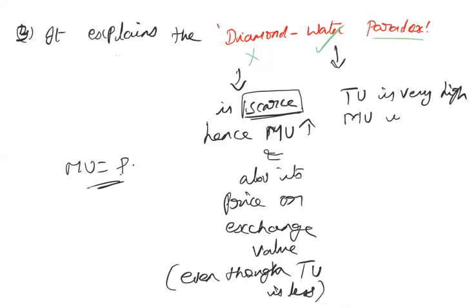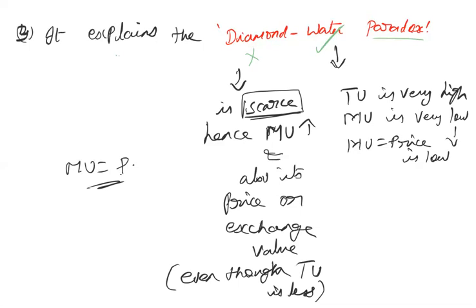So the marginal utility is very low. I told you marginal utility must be equal to price. If the marginal utility is very low for water, the price is also low. So this is the diamond water paradox. Why we are paying more for diamond and not willing to pay any price for water is explained through total and marginal utility, which is based on the law of diminishing marginal utility.